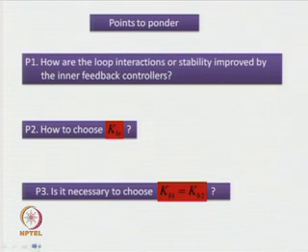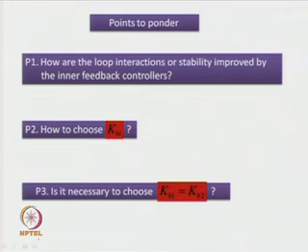Now, certain points to ponder on this TITO system control are: the first point could be, how are the loop interactions or stability improved by the inner feedback controllers? Inner feedback controllers enable us to place the poles of the loops at some desired locations.